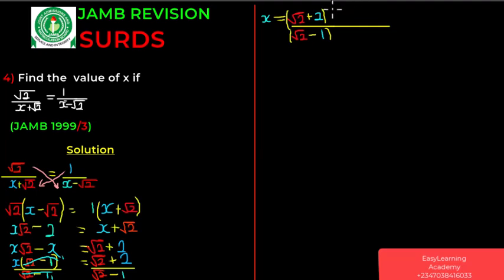So we have here square root of 2. It was minus here, so the conjugate is going to be plus, so plus 1, and also we have here square root of 2 plus 1 for the numerator.